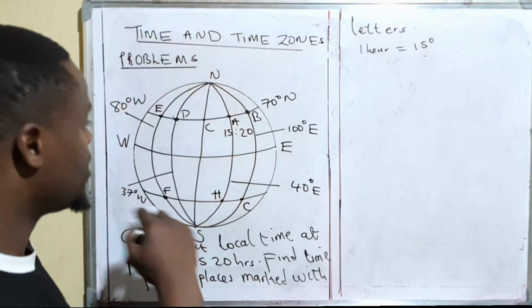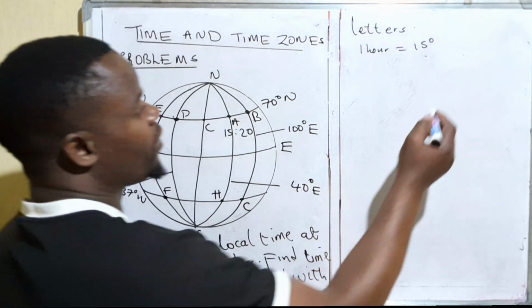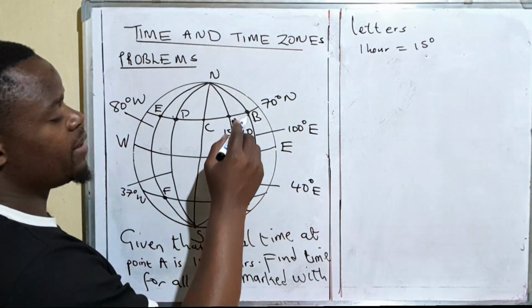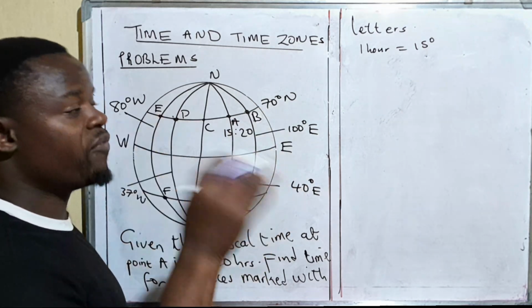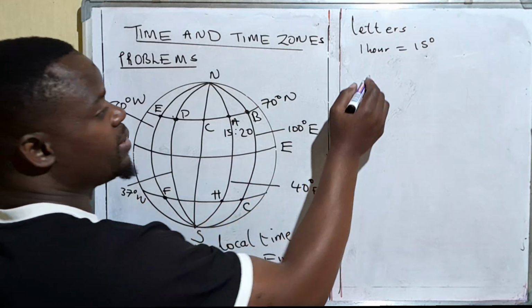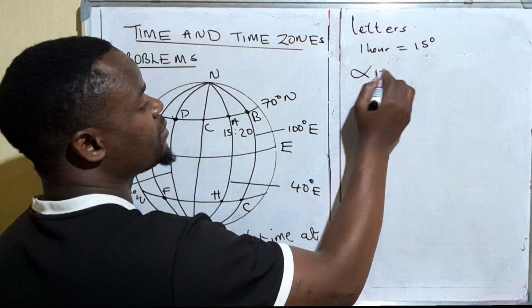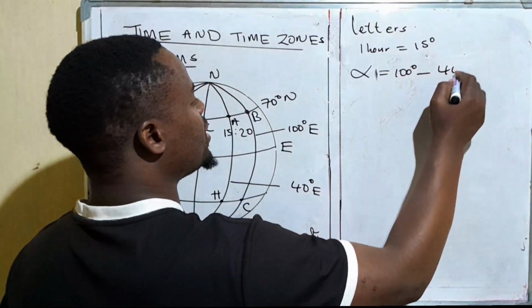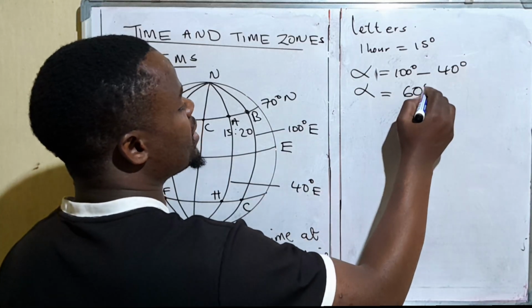Let's soldier on. So point A is on longitude 40 degrees, and those at B are on longitude 100 degrees east. Before we do anything, let's resolve the difference in the longitudes. The difference in longitudes is 100 degrees minus 40 degrees, which is equal to 60 degrees.